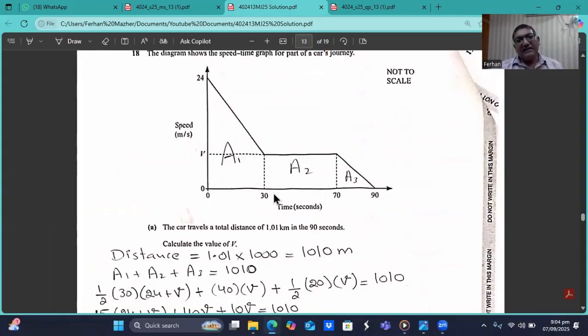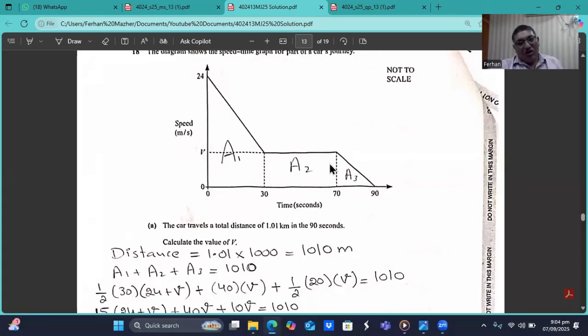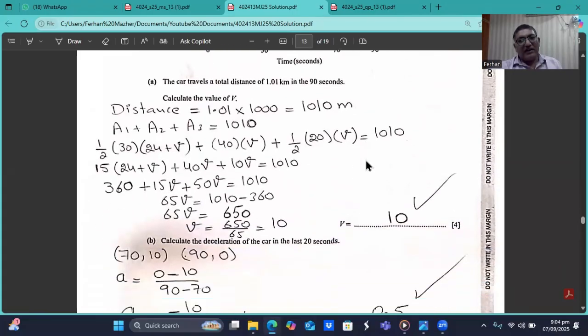In this rectangle, this side is 40 and this side is V. In this right angle triangle, this side is V and this side is 20. If I add the areas of these 3 portions, that will equal the total distance traveled, which I know is 1010 meters. Let me show you the working here.